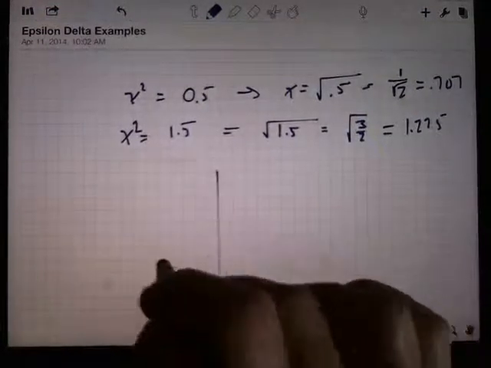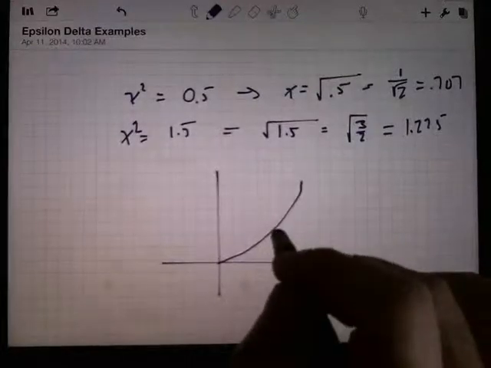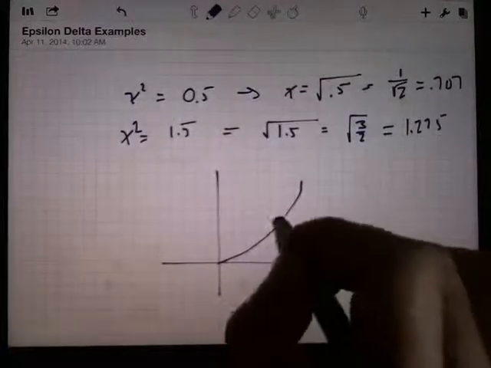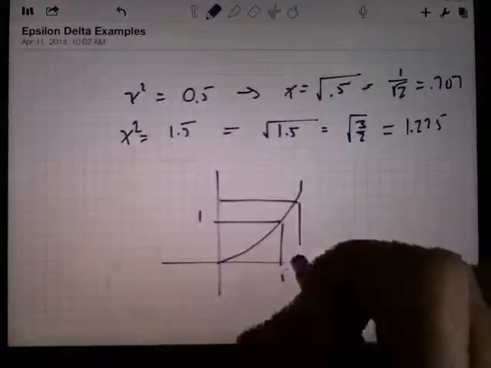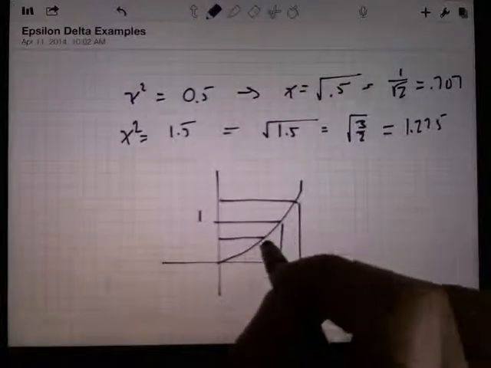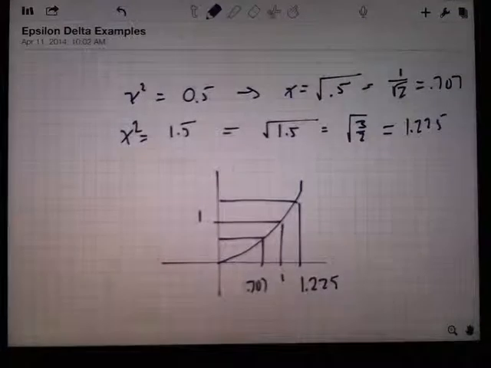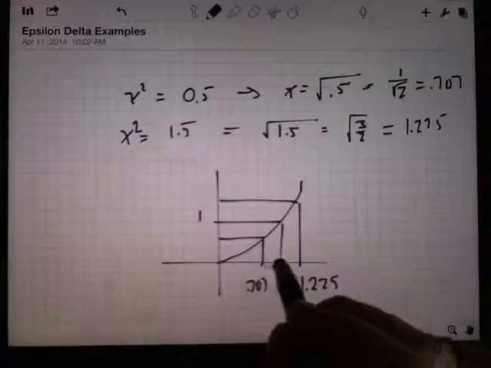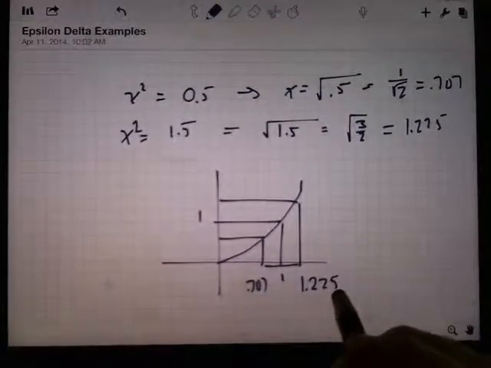Now, looking at the picture, I have 1 right here. I have 1 right there. I moved over and down to get this at 1.225. I moved over and down to get this at 0.707. Now, so that tells me that the range of x's that are good are from 0.707 to 1.225.